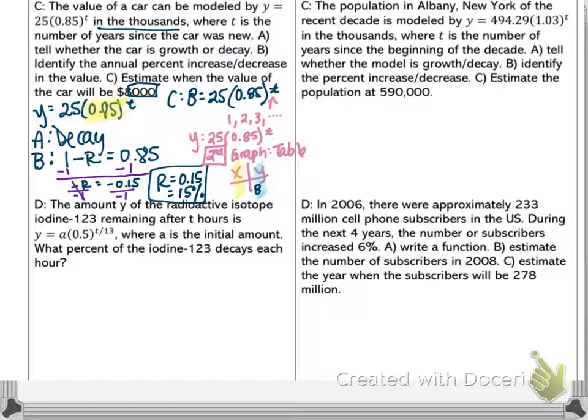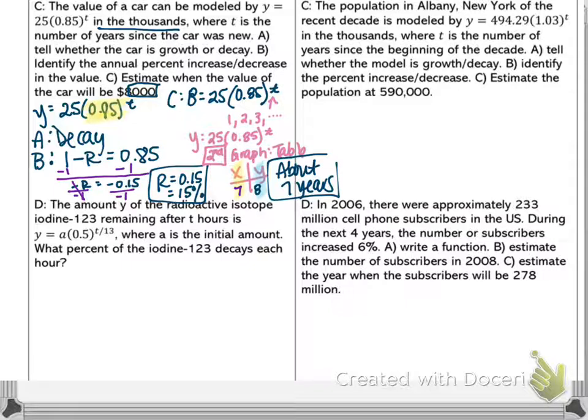And if you look at it, you should be able to see it when X is equal to 7. So remember, X is your time or your years. So we would say the answer to part C is about 7 years. Okay. Estimate when the value of the car will be 8,000, about 7 years.